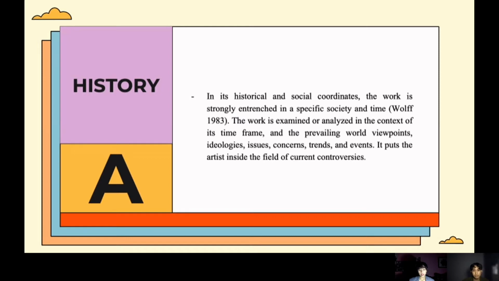The work may contain allusions or references to historical figures and events and transmit attitudes of support, apathy, or rejection towards them as the artwork conveys aesthetic, religious, social, or political values. Art then isn't worthless. Every work of art contains values of some sort. Now let's proceed to History B.